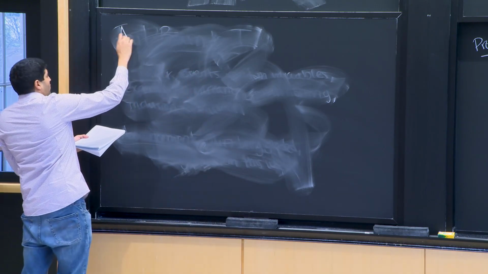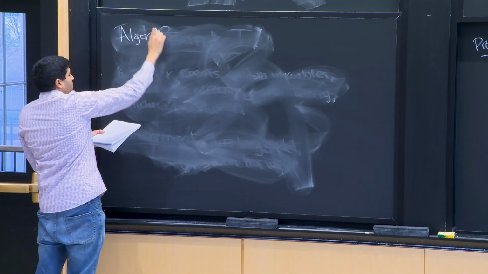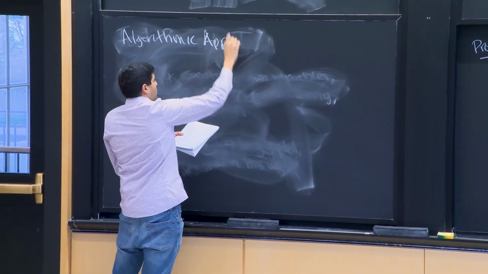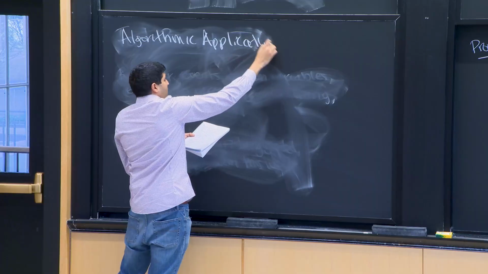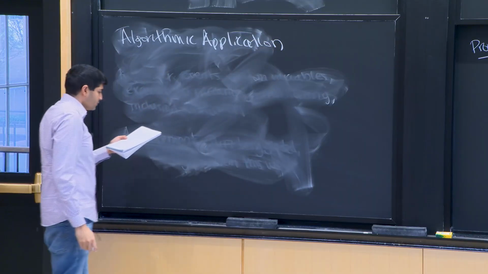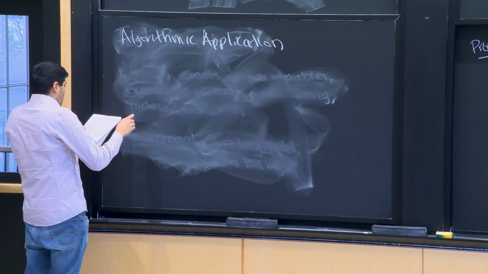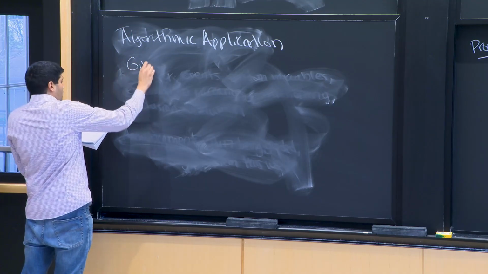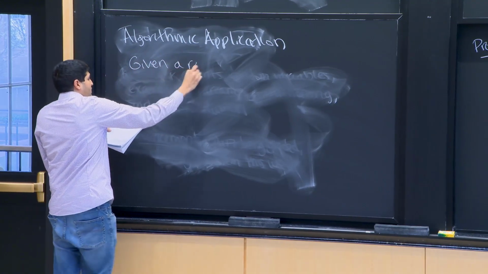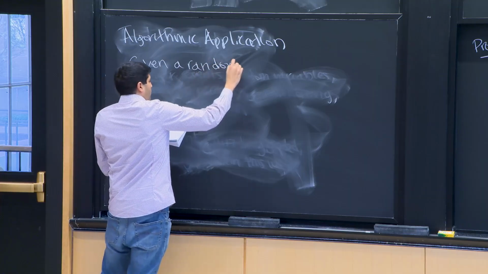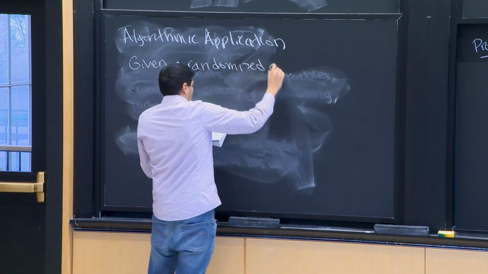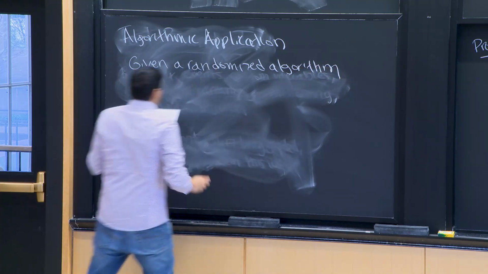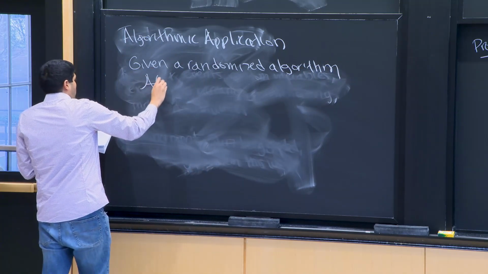So let's talk about an algorithmic application. And this is a real application, something that gets used all the time. So let's say that we're given a randomized algorithm, and let's call it A(Q).